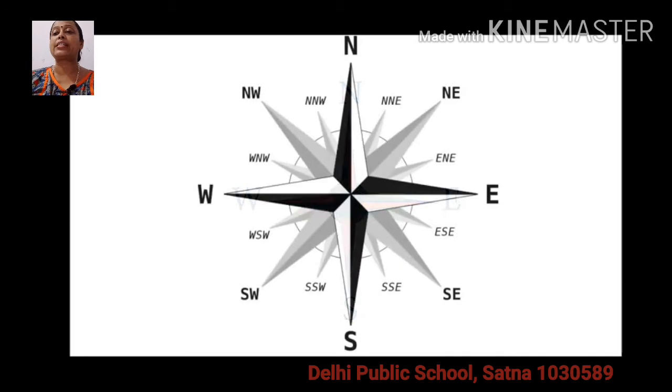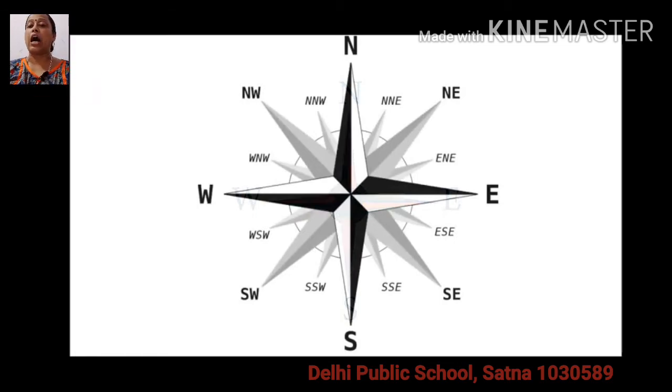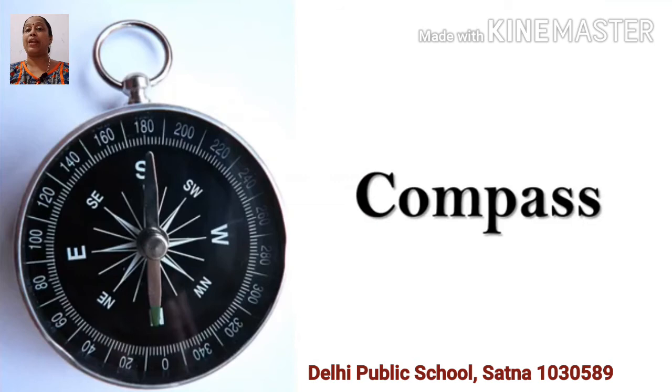We can locate any place more accurately with the help of these intermediate directions. We can find out the direction of a place with the help of a compass. Now what is a compass? It's a magnetic needle which always points towards the north-south direction.